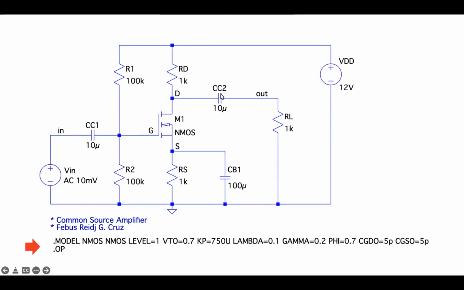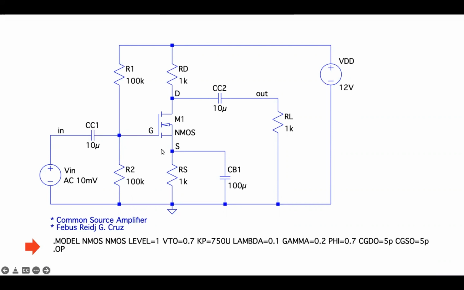Input at gate and output at the drain terminal. And as for the source, it can be either bypassed to the ground or unbypassed. That can still be possible, no? This will still be a common source amplifier. So effectively, the source terminal will be common to the input gate and to the output drain terminal.